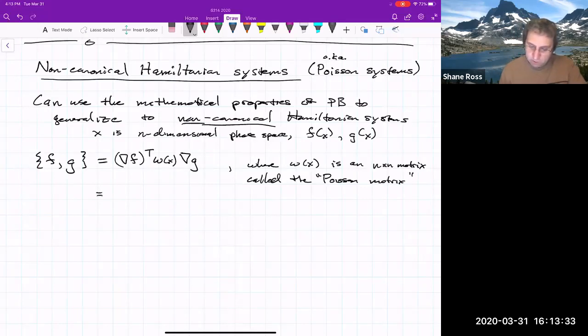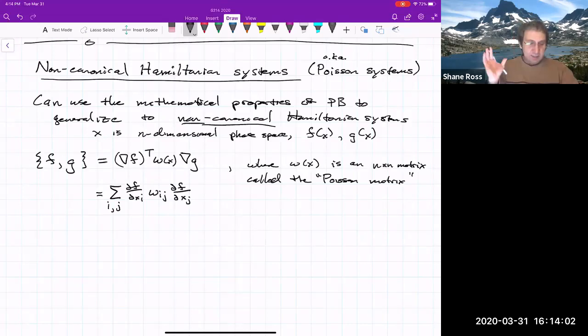And if we were to write out this thing that I've written in terms of matrices, but write it in terms of components, this is the sum over ij of partial f partial xi, omega ij, that's the ijth element of this n by n matrix, and then partial g partial xj.